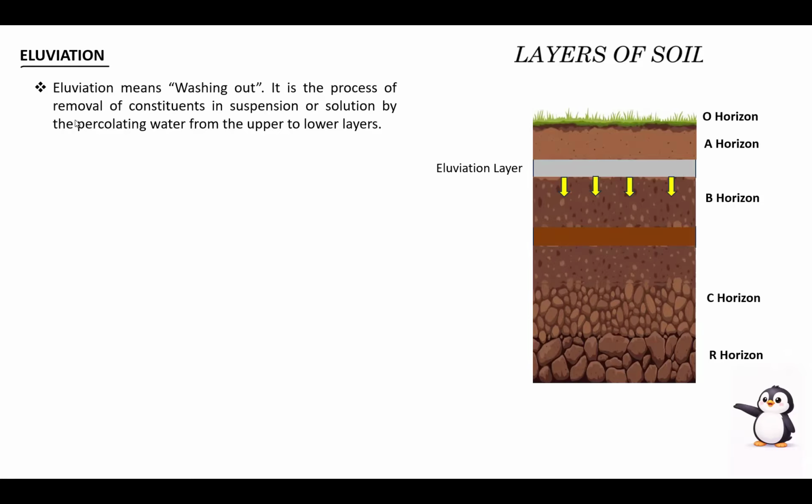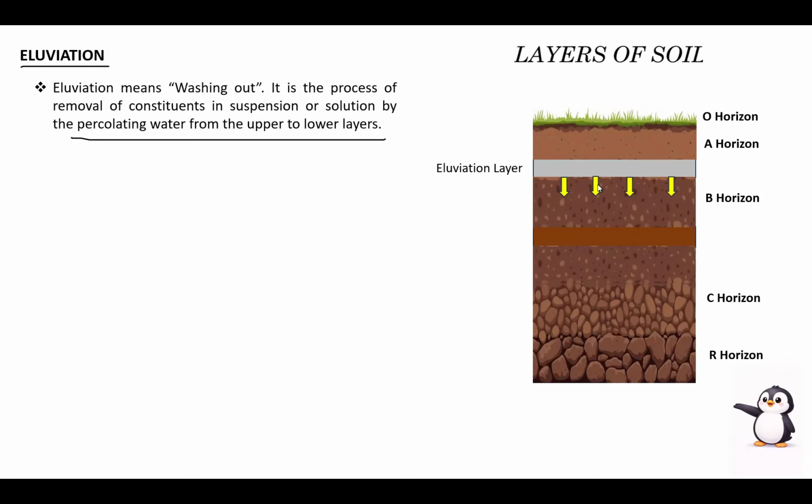It is a process of removal of constituents in suspension or solution by percolating water from upper to lower regions. So whatever the particles are, clay particles or sand particles, the soil particles or parent material developed here will be translocated, washed out from upper to lower regions.